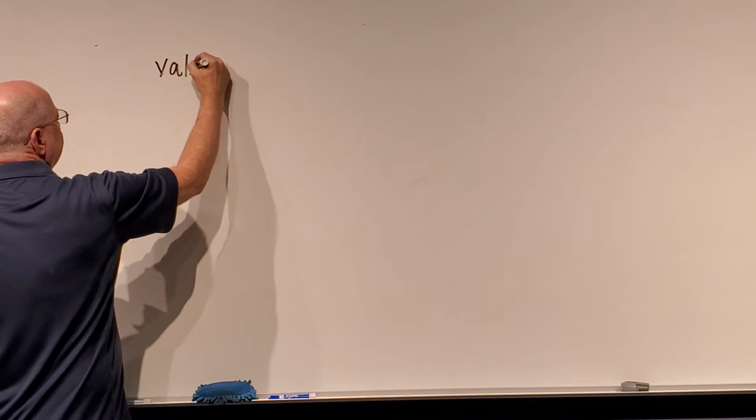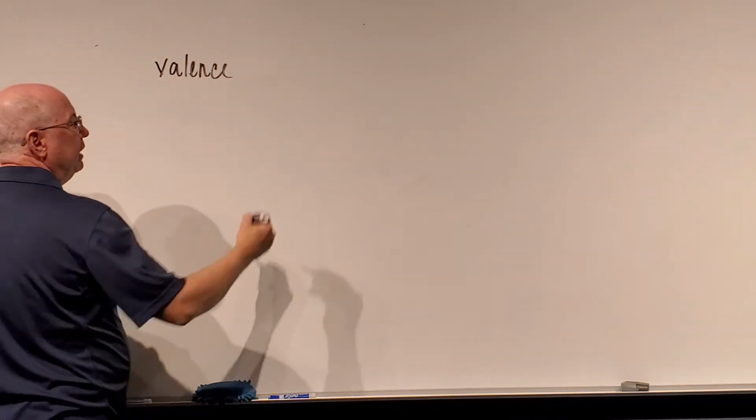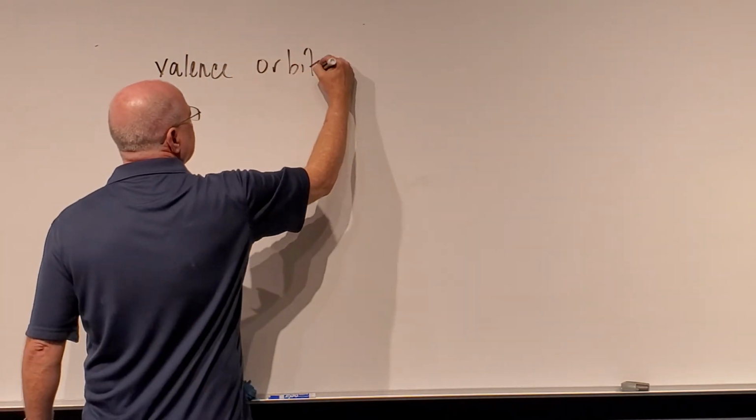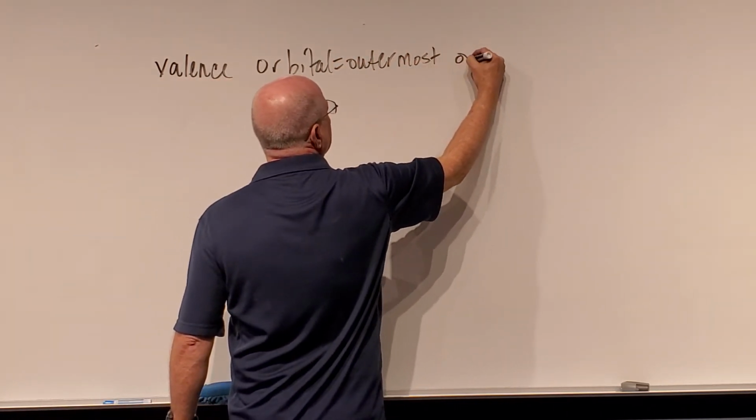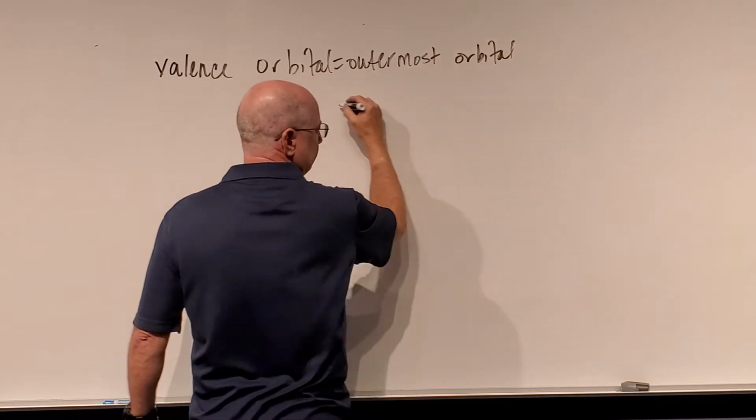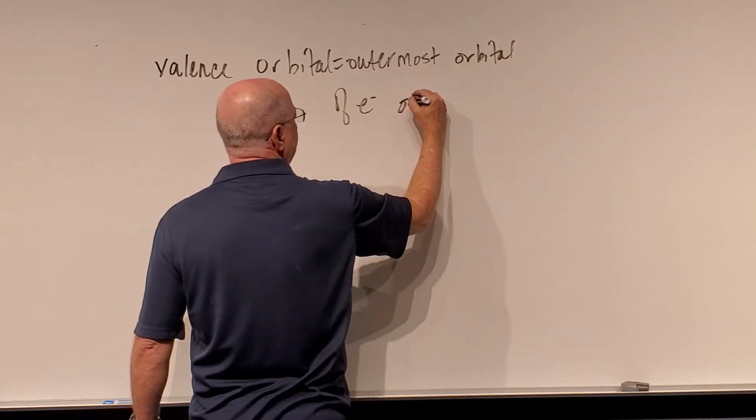And by the way, the outermost electron shell or electron orbital is called the valence orbital. You'll see this term, and it's going to be important to us. The valence orbital is the outermost orbital of electrons on an atom.